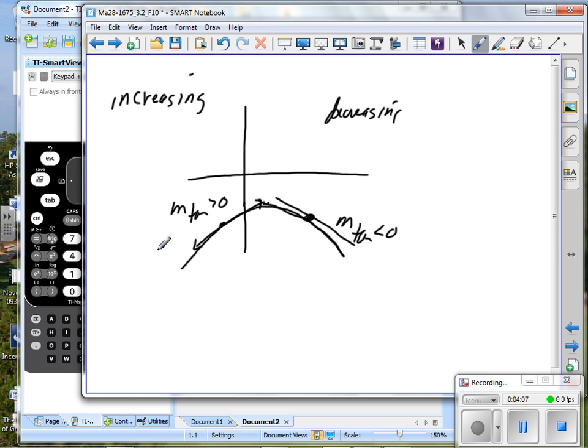Okay. If I have something that's increasing on one side and decreasing on the other side, what's going to happen right here? The slope's going to be 0. Very good. I can't remember, did we do that in this class, or was it the Calc 1 class? We talked about the intermediate value theorem.